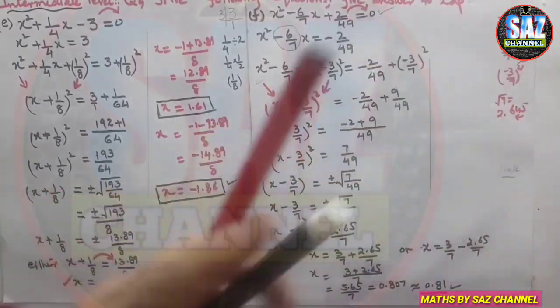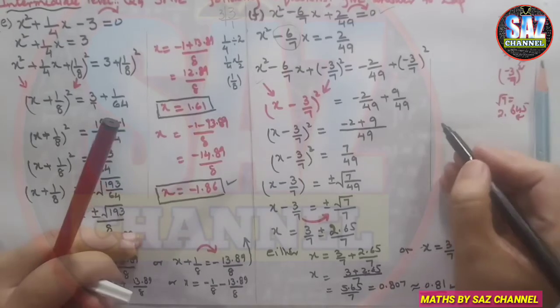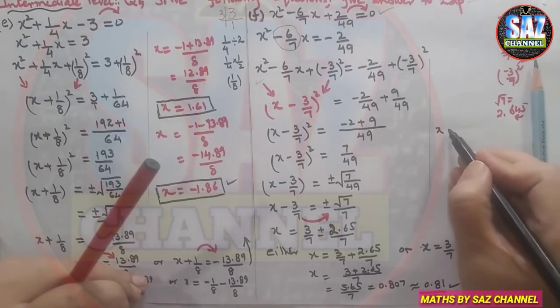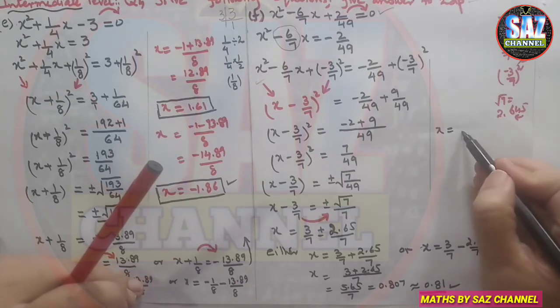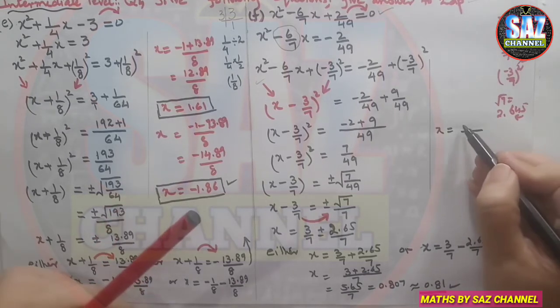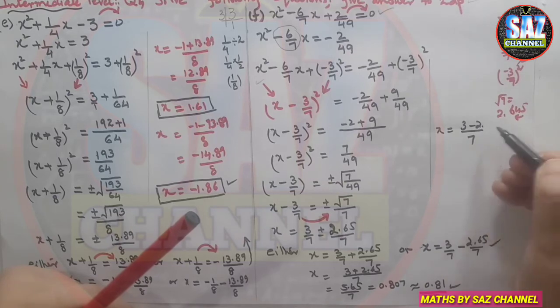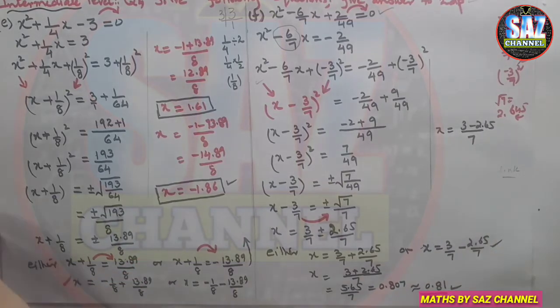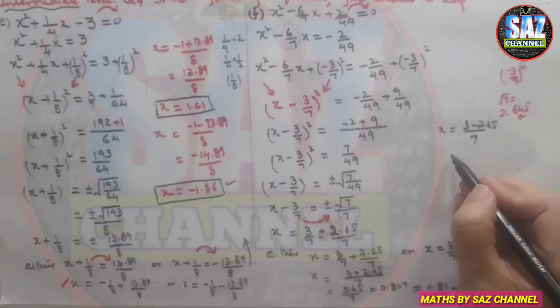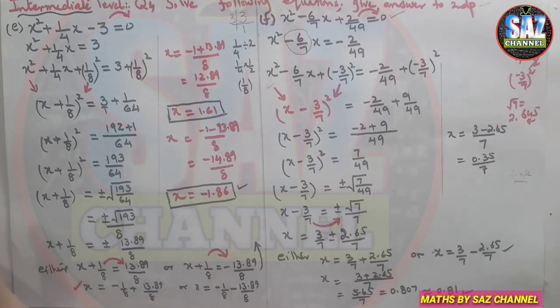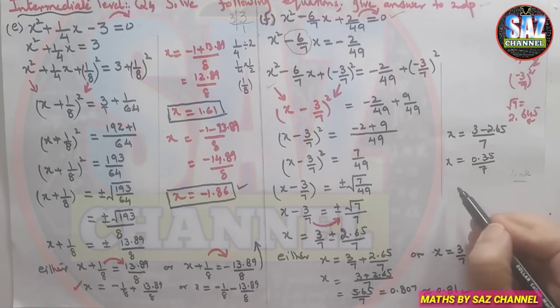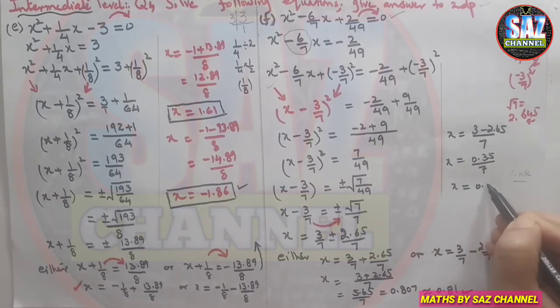This x equals, take the LCM from here, 7 is the LCM, 3 minus 2.65. 3 minus 2.65 will give me 0.35. 0.35 divided by 7 gives an answer around 0.05.